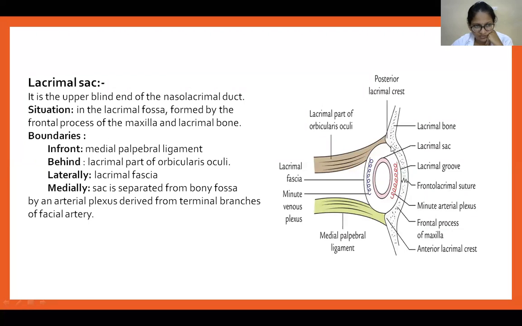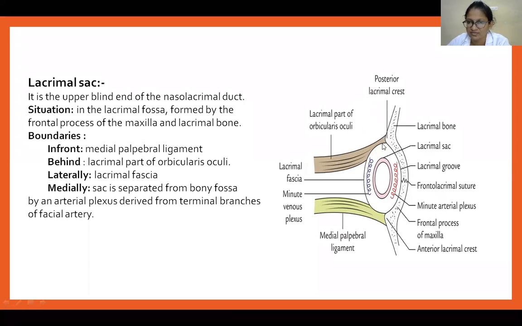Coming to the boundaries of the lacrimal sac: anteriorly, it is related to the medial palpebral ligament. Behind, it is related to the lacrimal part of the orbicularis oculi muscle.